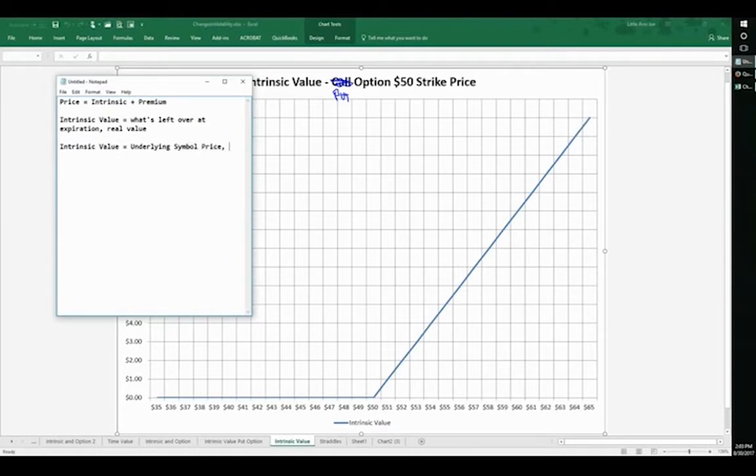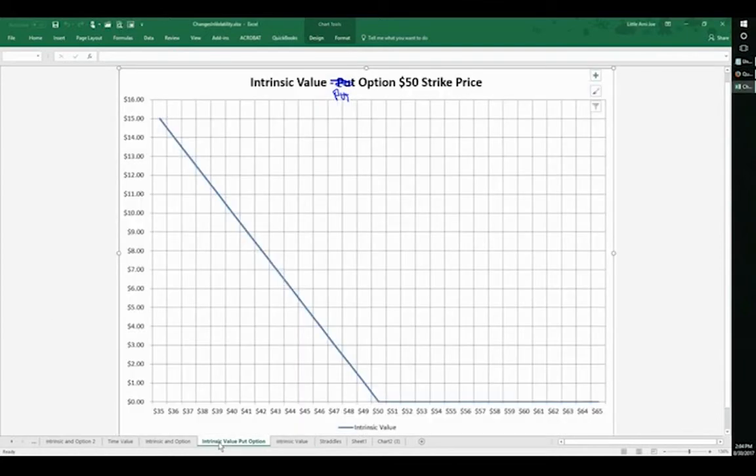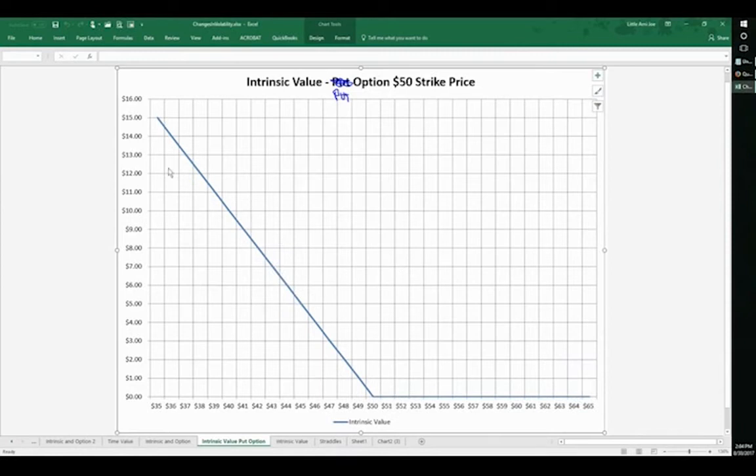And it has something to do with the strike price. And it has something to do with the option type, whether it's a call or put. This, by the way, is the intrinsic value for a put option.